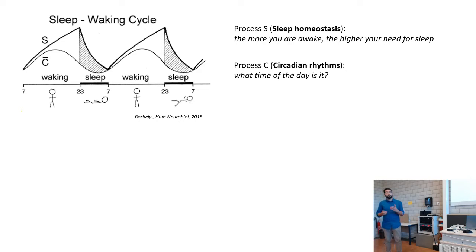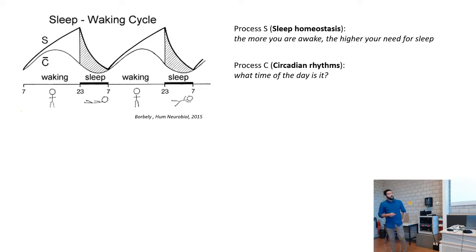Homeostasis comes from the Greek word homeostasi, which is, in other words, balance, sleep balance. So again, in simpler words, the more you are awake, the more you need to sleep. And process C stands for circadian rhythms, or in more simple words, what time of the day is it?